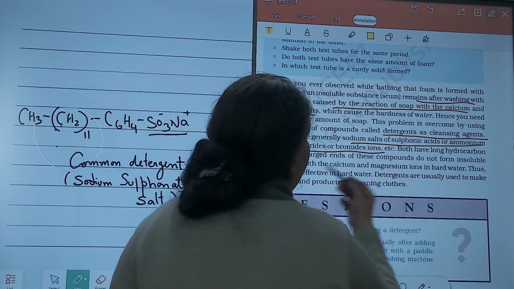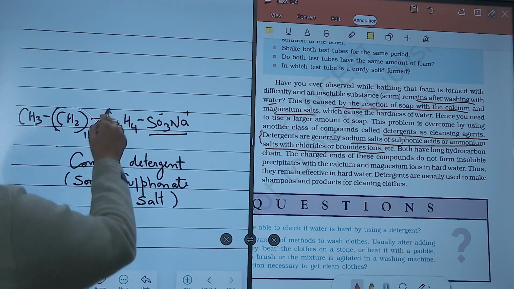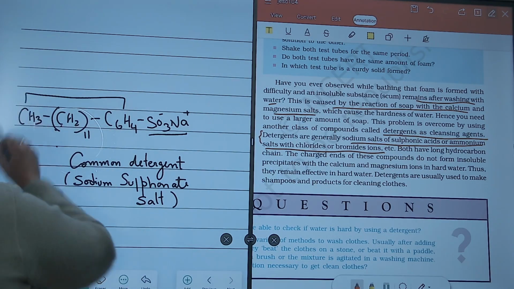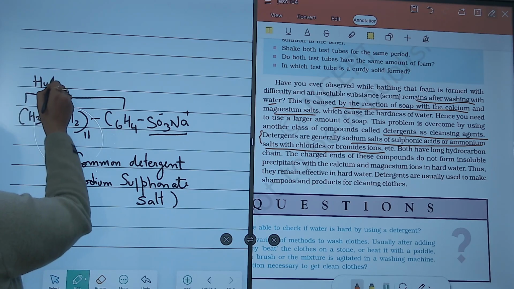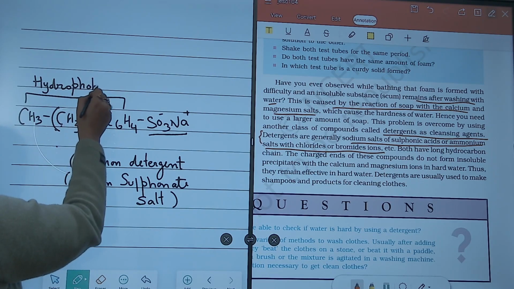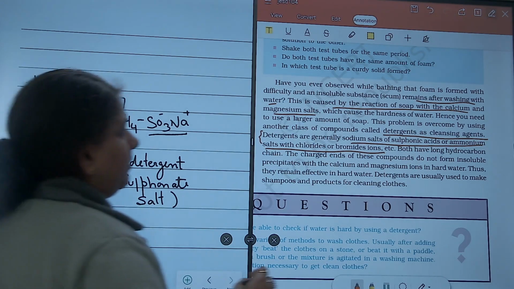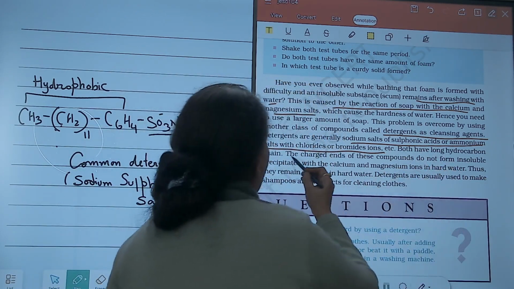Both have a long hydrocarbon chain, so this part will be the same. The hydrocarbon part remains the same, or we call it the hydrophobic part. It remains the same, but the ionic part is different. See, both have long hydrocarbon chains.